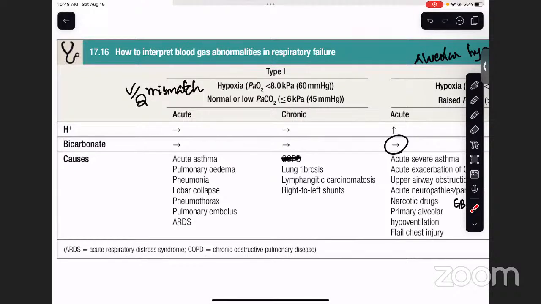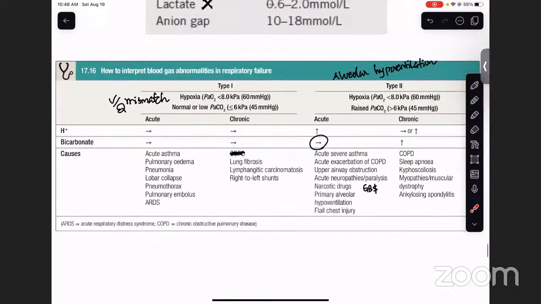So if we take the VQ ratio, there will be a mismatch, and it will be reduced compared to normal. Also pneumonia, collapse, pneumothorax, pulmonary embolism, and ARDS. These are some of the pathologies associated with type 1 respiratory failure, and also pulmonary fibrosis and right to left shunt.